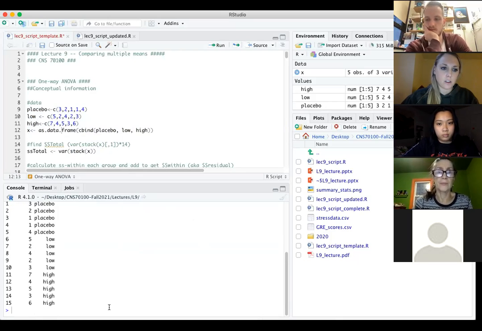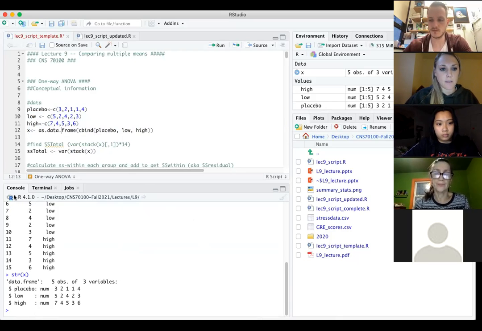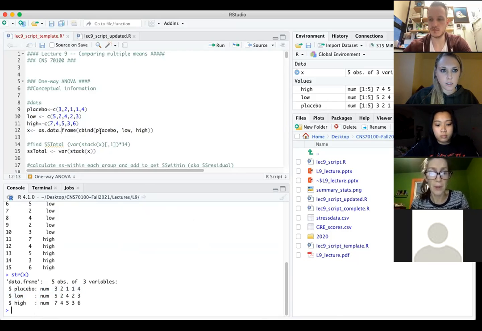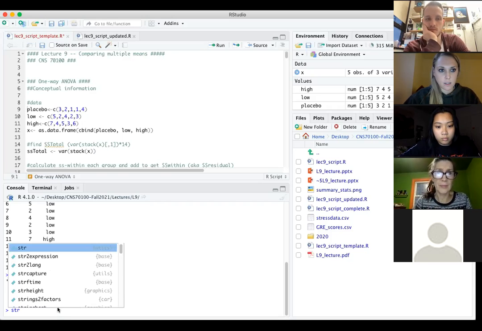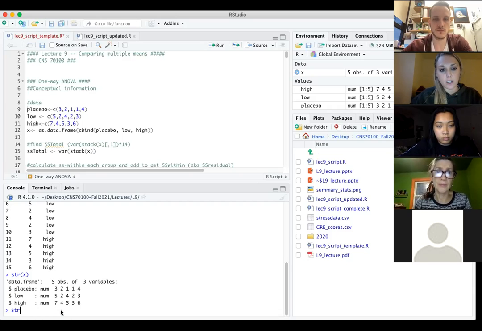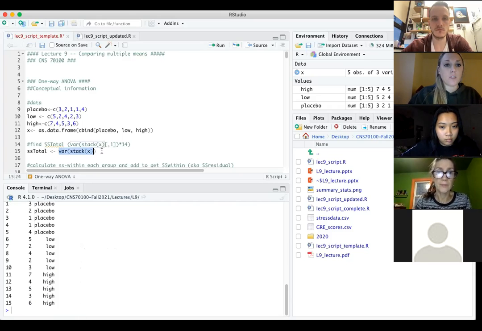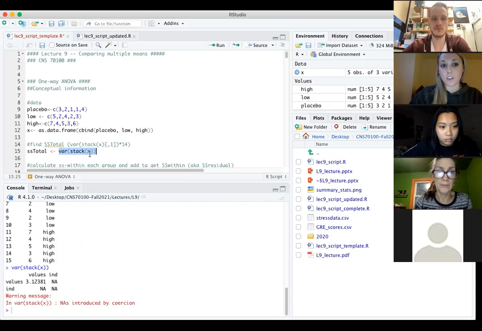Make sure, whenever you do, do str X and make sure that these are all numbers, numeric, instead of characters. So do I just say as numeric or something? So just do this first, do a str X for structure. Yeah, it's numbers. And then, okay, so there are all 3 numbers. And then if you just do stack X. Oh, wait, did you run the whole thing there, var? Yes. Yes, so yeah, that will happen.